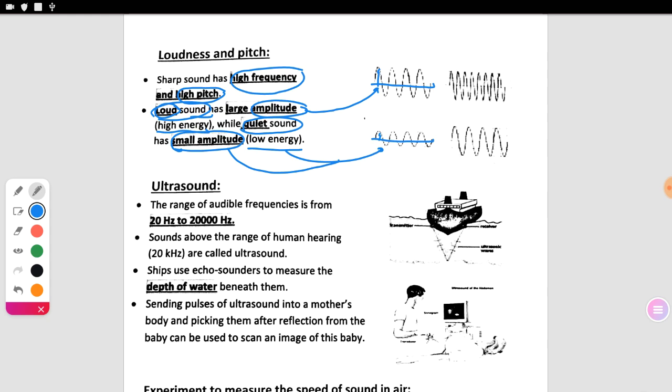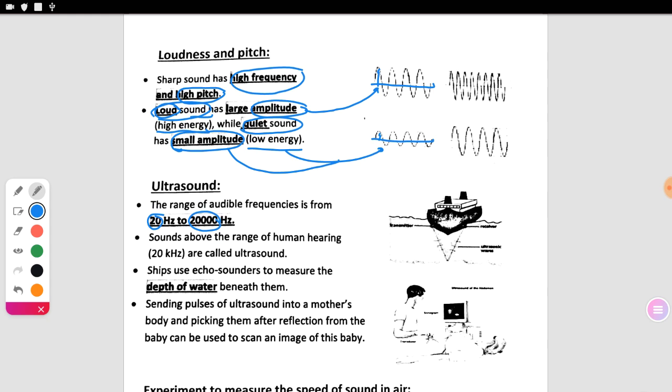Sound may be heard or not heard, because we hear sound from 20 hertz to 20,000 hertz. Below 20 hertz, we do not hear any sound.